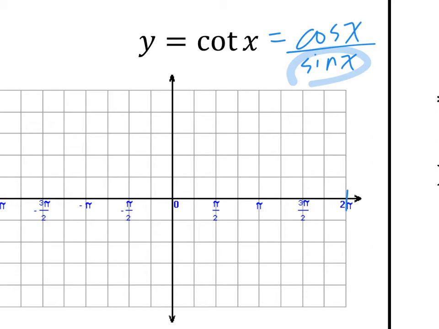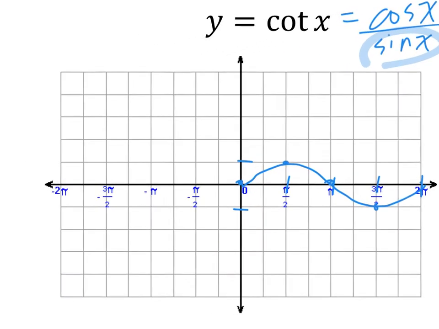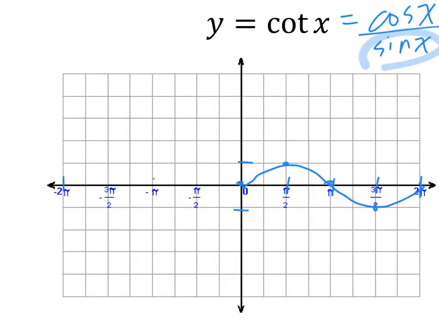Okay, so again, just a normal sine. From the normal sine, again, what you're looking for is where the asymptotes are. The asymptote is where the graph is at 0.